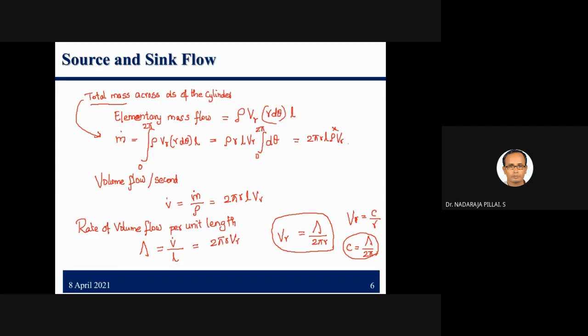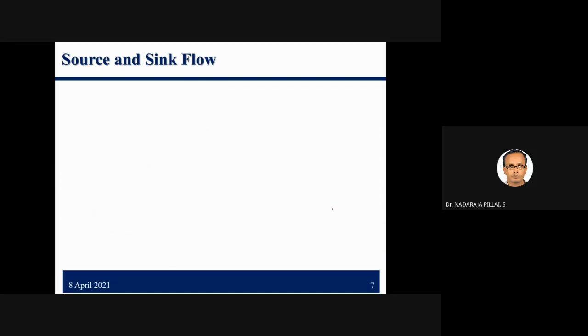The lambda defines the source strength. We will be solving a lot of problems in the later stage where we consider lambda as the source strength.